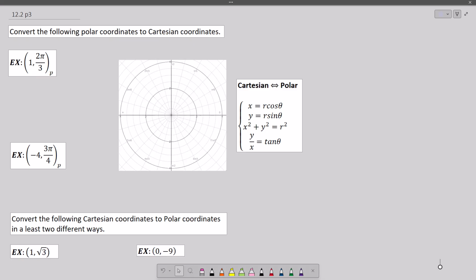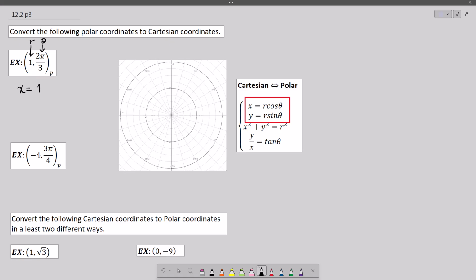So the nice thing is that when you're going over to Cartesian, it's super simple with those top 2 equations. So x is equal to r cosine theta. So r in this case is 1. Theta is right there.